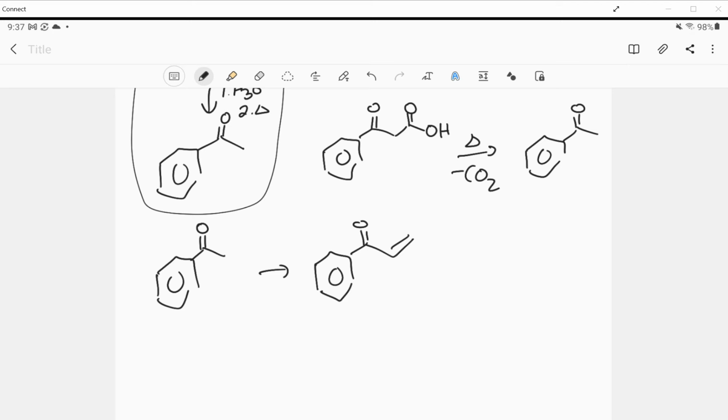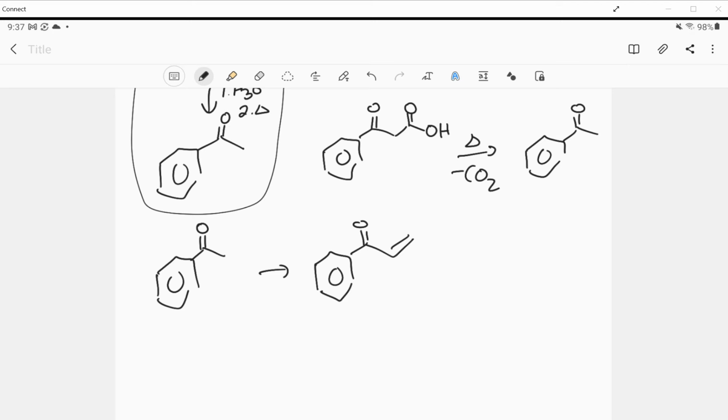Since we have a ketone to start, how can we add one more carbon to this and also get a double bond there? And notice this is an alpha-beta unsaturated ketone that we're going to end up making.